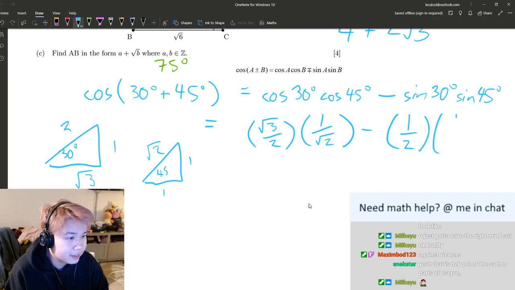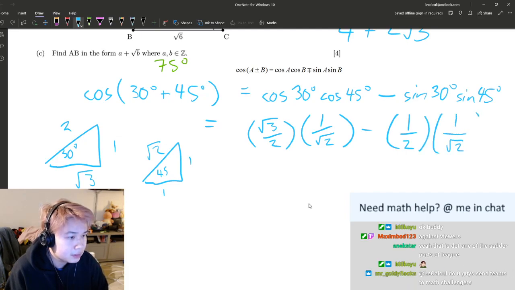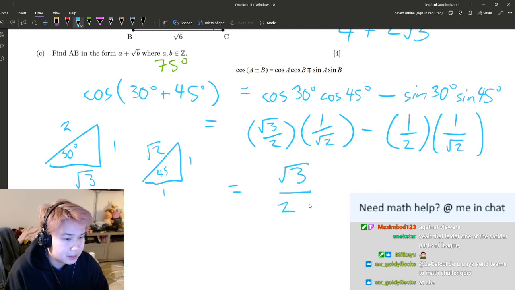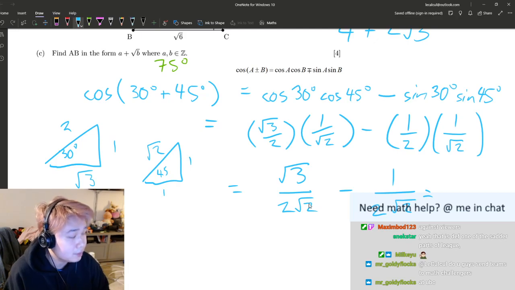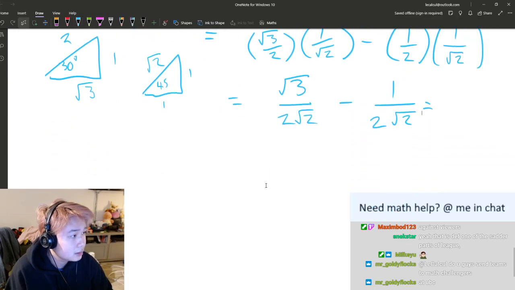Sine 45 is 1 over root 2. So then I have root 3 over 2 root 2, minus 1 over 2 root 2. Because these have the same denominator, I can write this as root 3 minus 1 over 2 root 2.